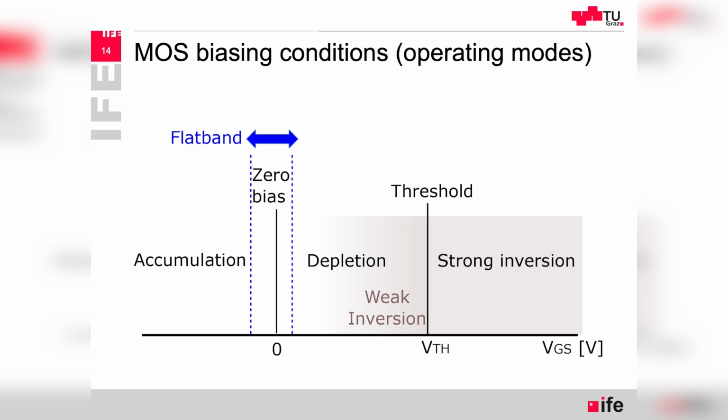We try, though, to make it as low as possible. On one hand, going to negative VGS, we have accumulation. Then if we go above to positive values, we have depletion. At a certain point, going from weak inversion to the threshold condition, and then moving on to strong inversion.